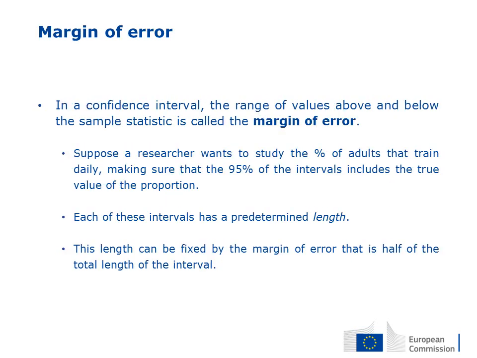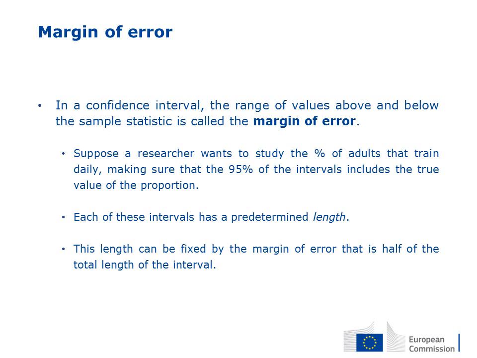In a confidence interval, the range of values above and below the sample statistic is called the margin of error. For example, suppose a researcher wants to study the percentage of adults that train daily, making sure that the 95% confidence level interval includes the true value of the proportion. In addition to that, he wants each of these intervals to have a predetermined length.